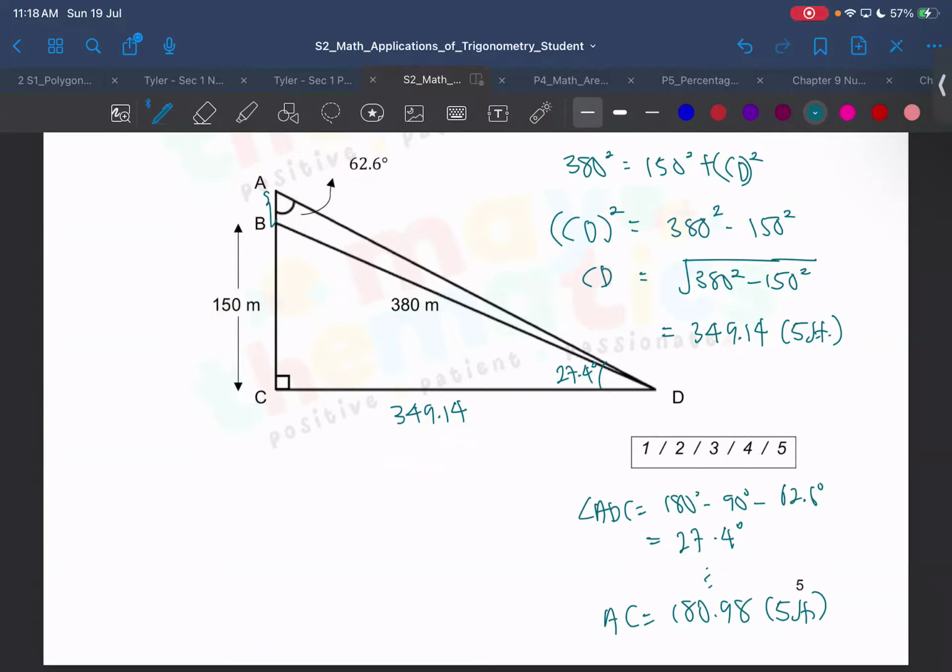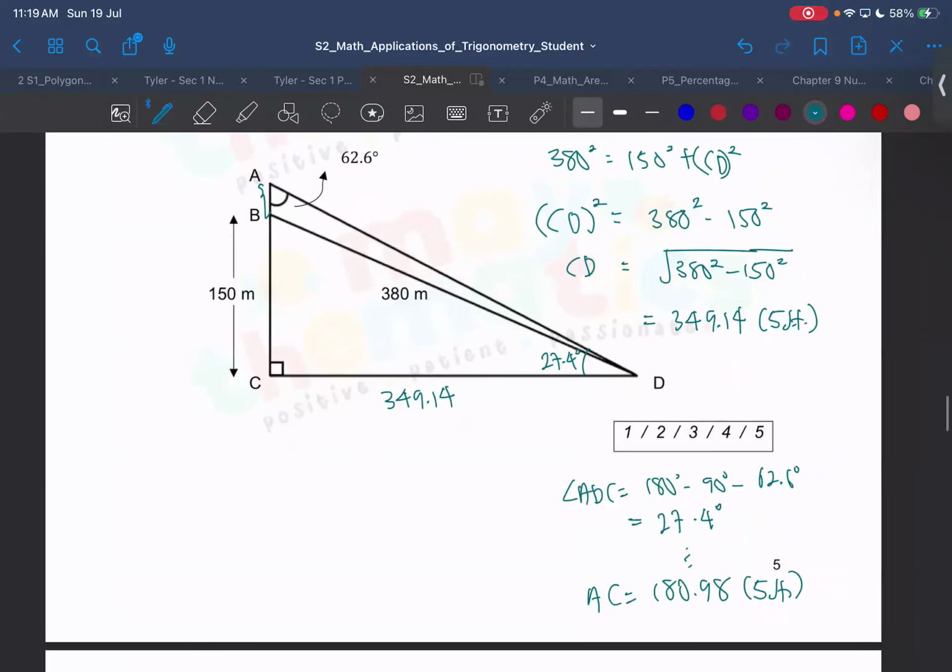Then you found AB already? You should get 31 though. Is it because you never use 5SF? Your intermediate steps must use 5SF. So right now my AC is 180.98.